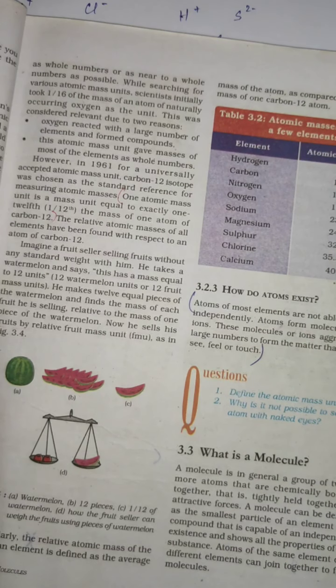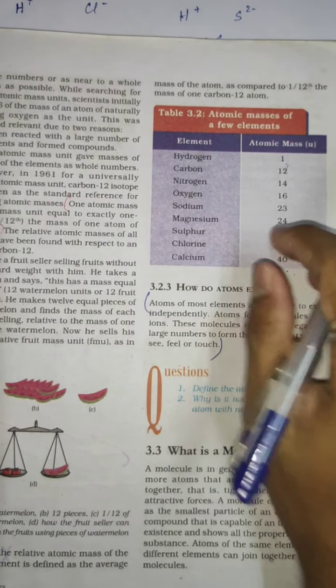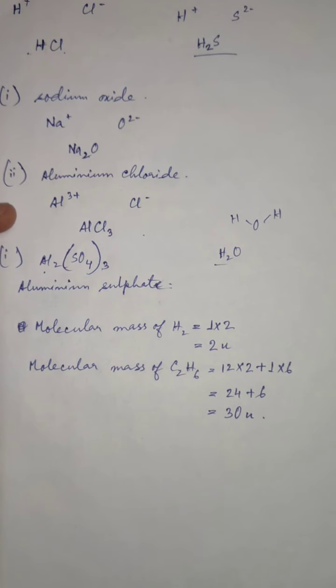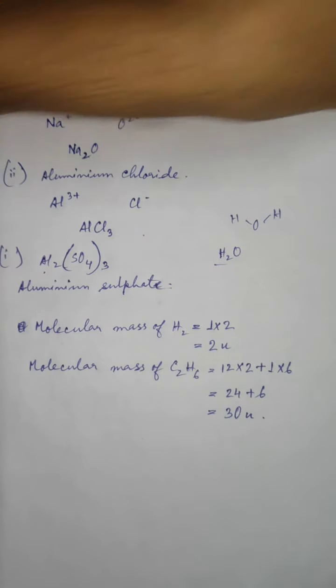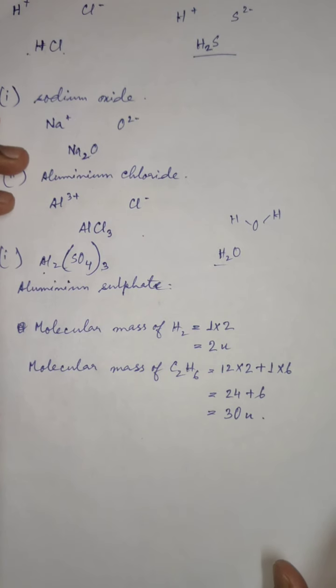If any element is given in your question which is not in table 3.2, then you will be given the atomic mass for the calculation. As you can see here, you have to find the molecular mass, or formula unit mass, of zinc oxide, sodium oxide, and K2CO3, potassium carbonate. All the elements' atomic masses are given.